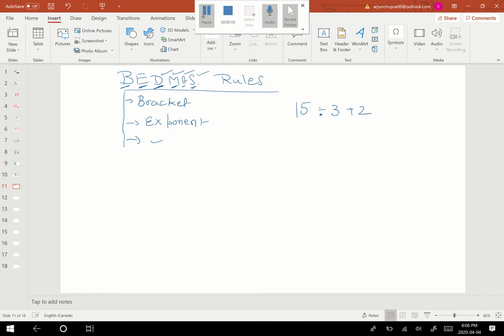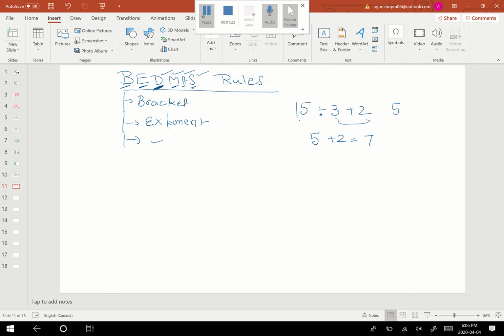First of all, shall I add these two terms, 3 plus 2, or shall I divide 15 by 3? Because division comes first in the order, I will apply the division first and then add. 15 divided by 3 is 5, plus 2, which gives me the answer 7.